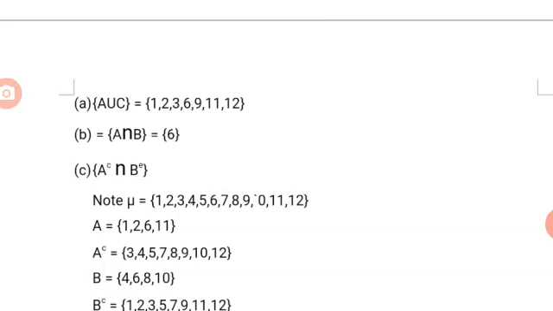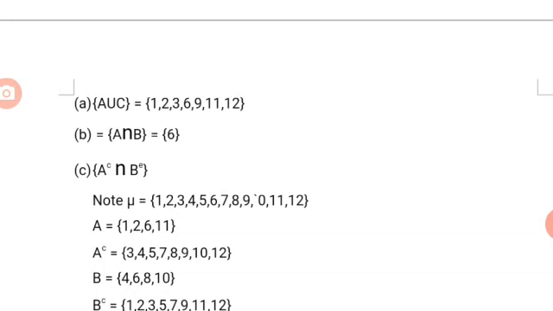What is in A are 1, 2, 6, and 11. What is not there is 3, 4, 5, 7, 8, 9, 10, and 12. This is A complement. Is that clear? What is in the universal set but not in set A is A complement.